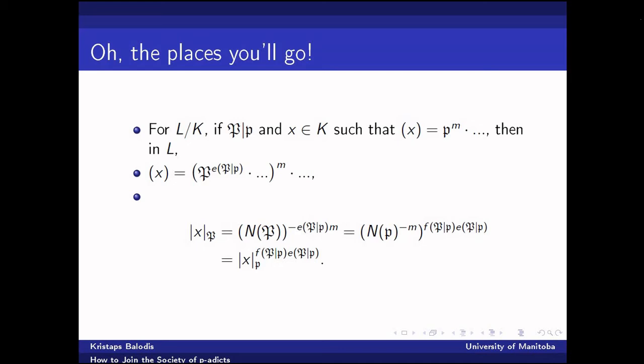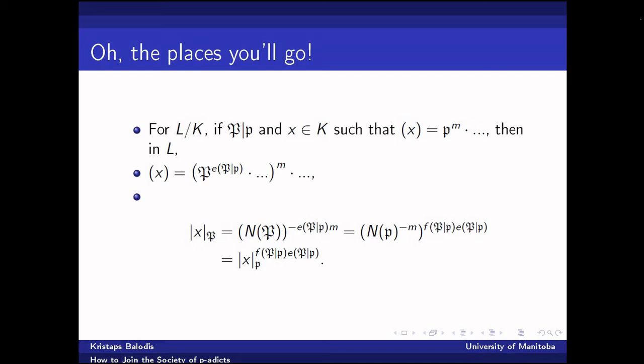So, if we work through this, and say we tried to take the capital P evaluation of this, well, it's n of capital P to the negative ramification degree multiplied by m.